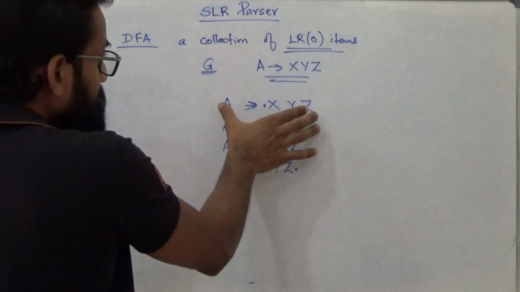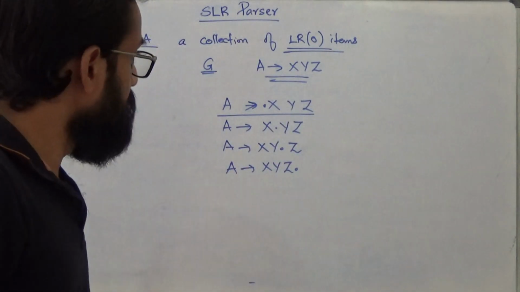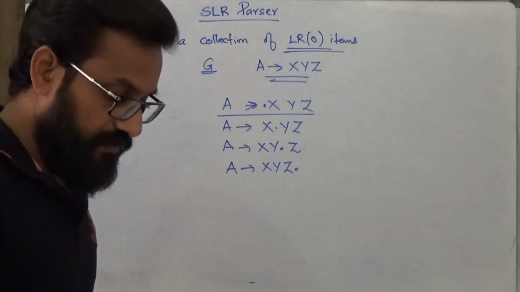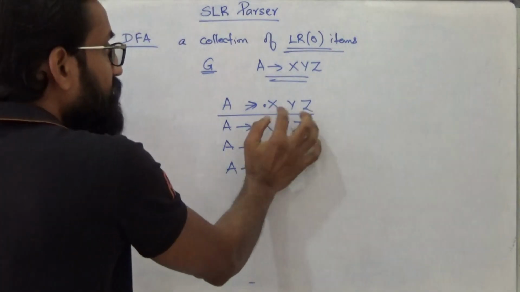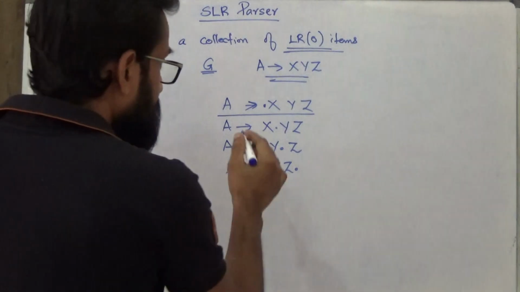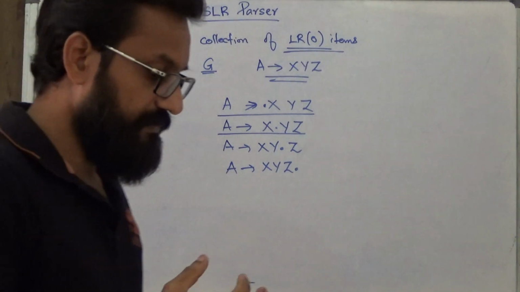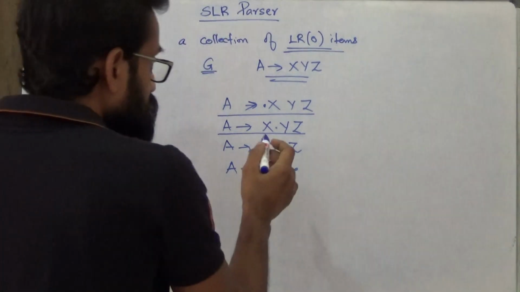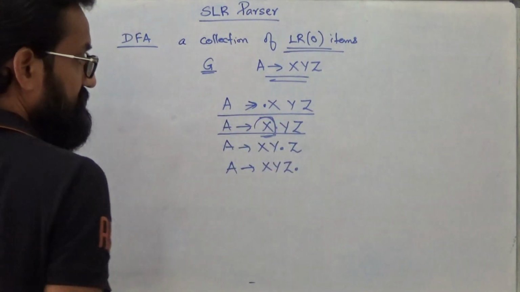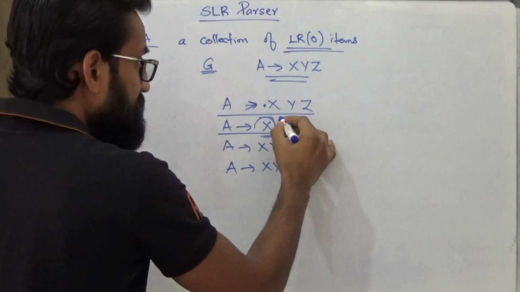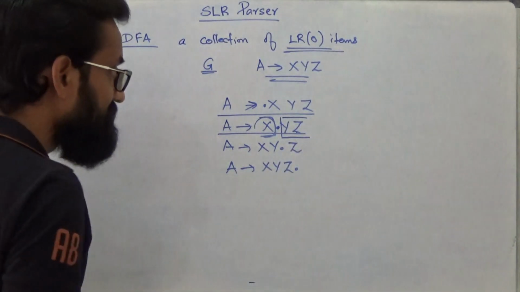So if I take this particular item, it actually holds an information. The information is that the parser is now expecting to parse a string that is derivable from XYZ. If I take this particular item, the information depicted is that so far the parser has seen the string derivable from X. Now the parser is expected to see a string that is derivable from YZ.